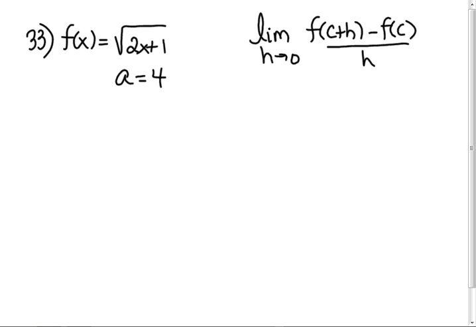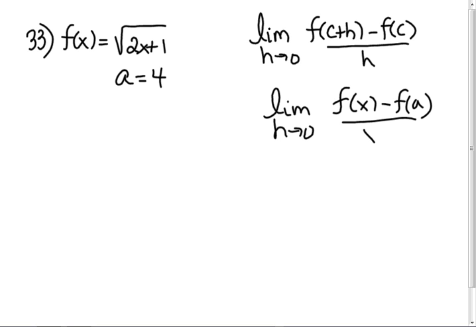There's another form. It's this one. And it's f of x minus f of a, whoops, it's not h, over x minus a, and x is approaching a. Honestly, I think the second form's easier to do on this problem than the first. But I don't care. I'll do it either way. You want to do the second one?